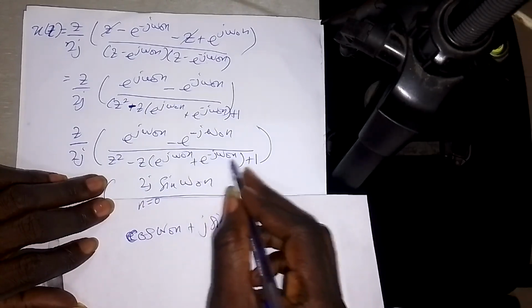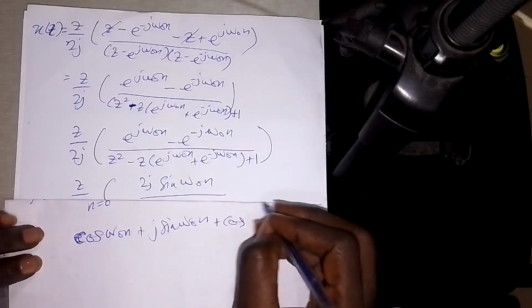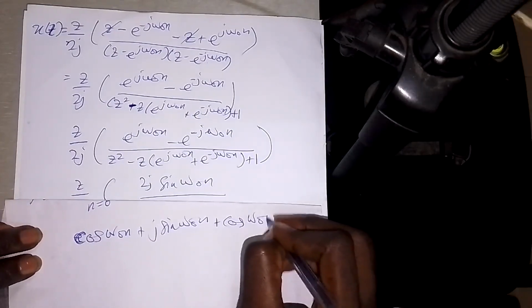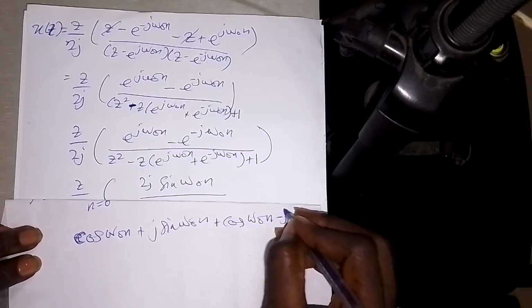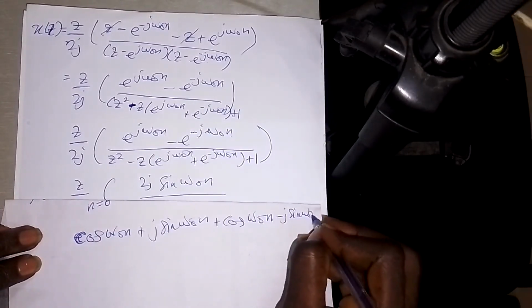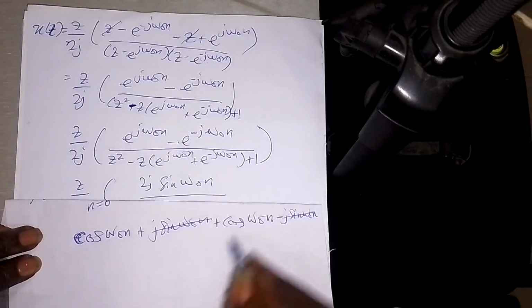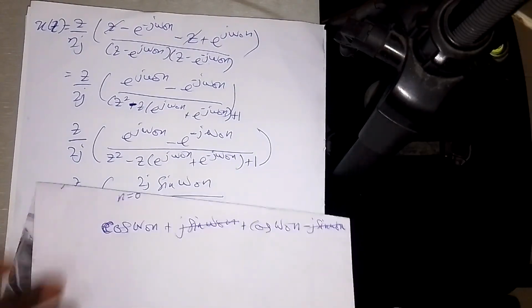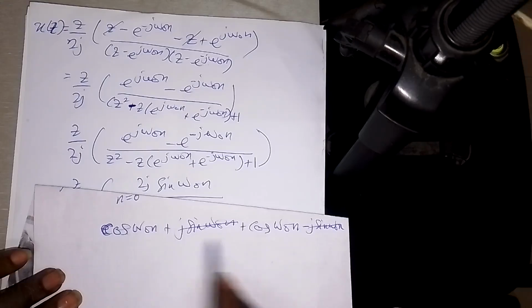Then you come to this place, it will give you cos ω₀n minus j sine ω₀n. So this one will cancel this one. You'll be left with cos ω₀n, but it will be 2 cos because one cos, another cos. So it will be 2 cos ω₀n.